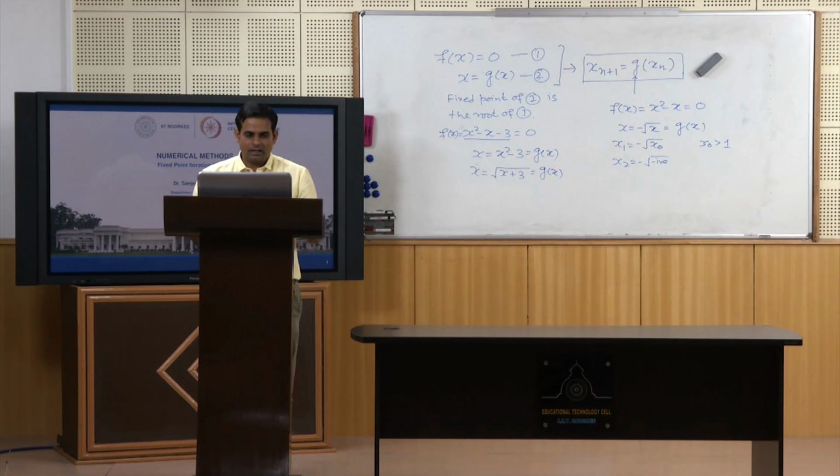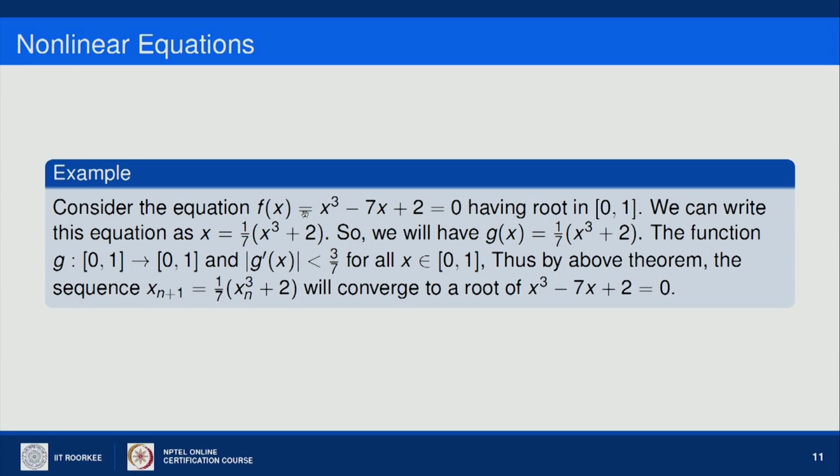After this, let us take a few examples which we will solve using this fixed point iteration method. Consider the equation f of x equals x cube minus 7x plus 2 equals 0. This equation has a root in 0 to 1, because when we test it at x equals 0, it comes out 2, a positive number.